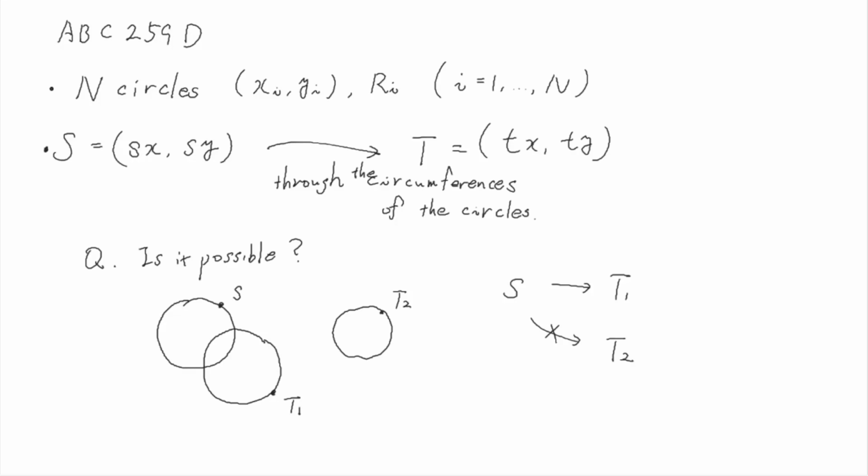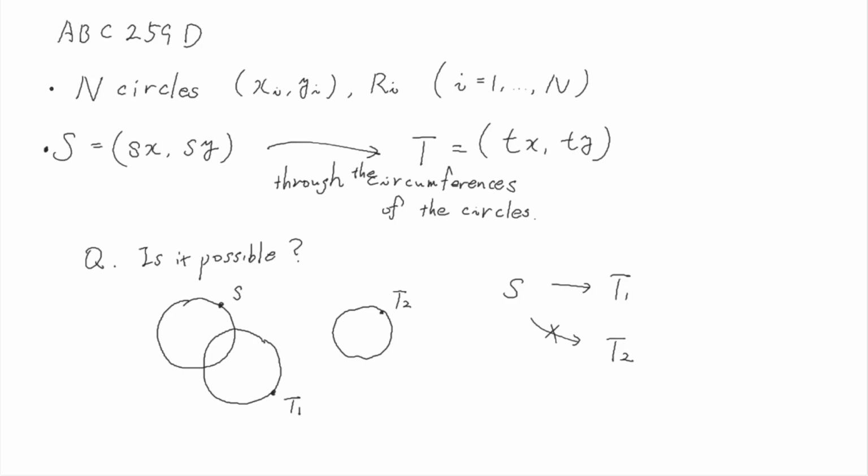Hi guys, today's problem is Task D of AtCoder Beginner Contest 259. Here is the problem. We have n circles, and for each i, the circle's center is (xi, yi) and it has a radius of ri.